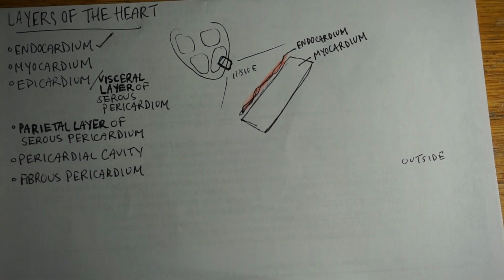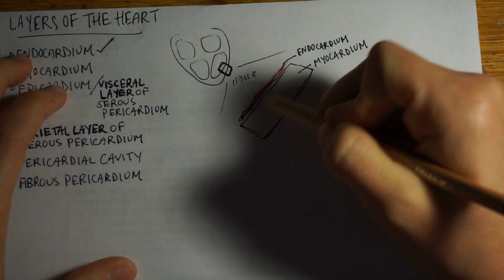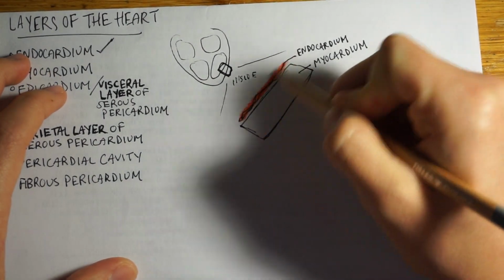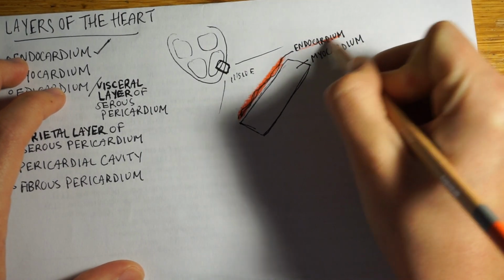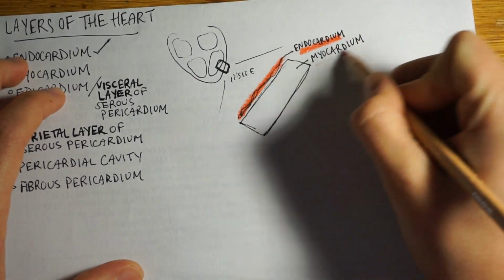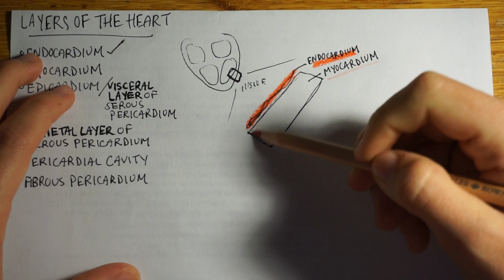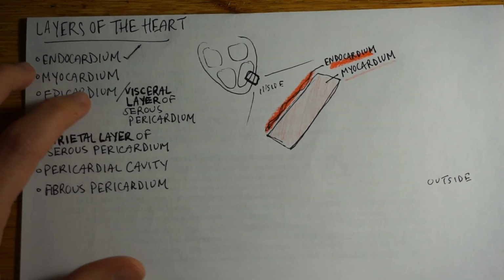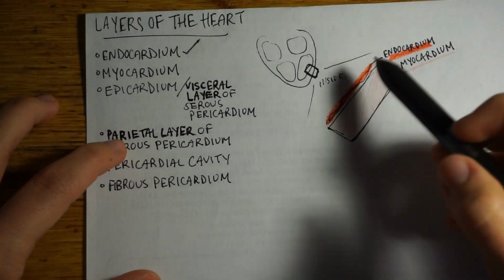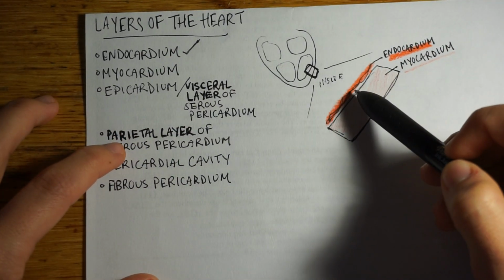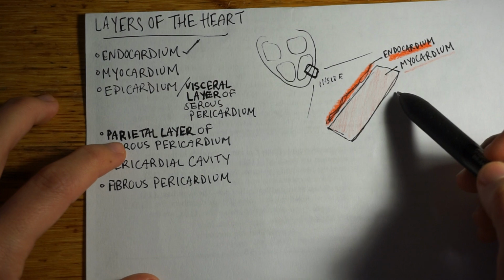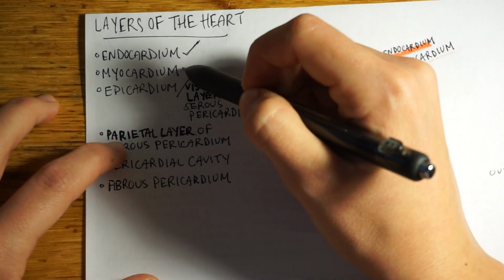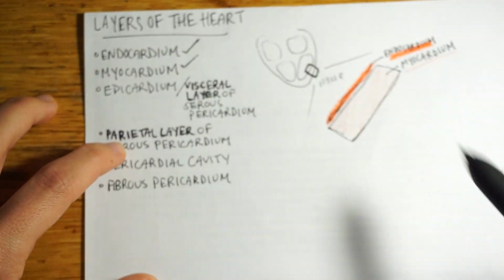How about we make this endocardium a really dark red, and then we make the myocardium a lighter, more reddish pink. So we're working our way out. This is towards the inside where blood is actually coming in contact with the endocardium, and then the myocardium is just outside of that. So we've talked about both of those so far.